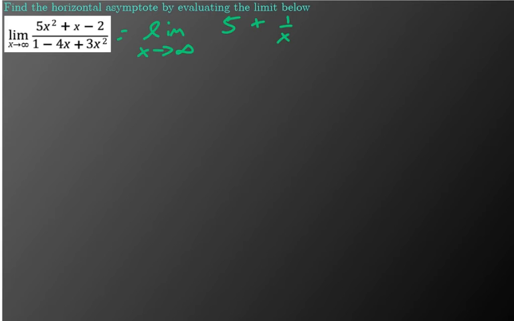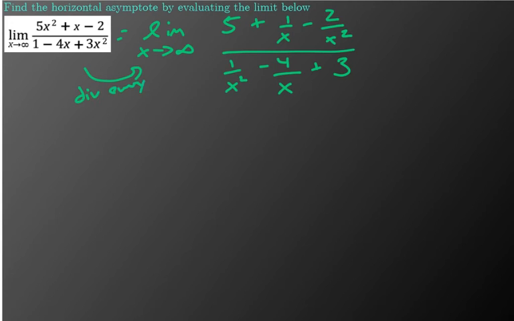And then negative 2 divided by x squared is just going to be negative 2 over x squared. And then we'll have a 1 over x squared in the bottom, minus 4 over x, right? Because if I divide x by x squared, you're going to cancel one of them. And then the last one would just be 3, because I divided x squared by x squared there. So this is just divide every term by x squared, and you get that.